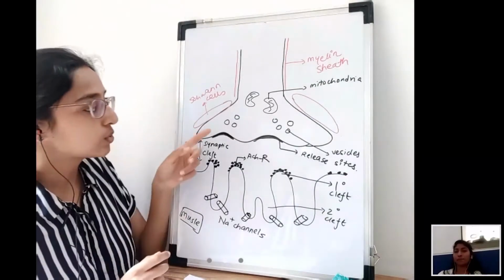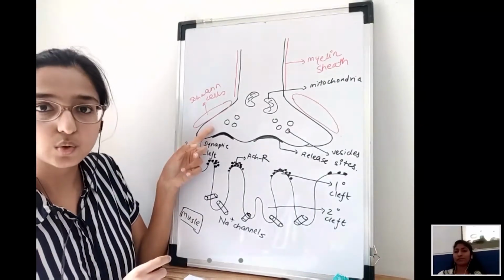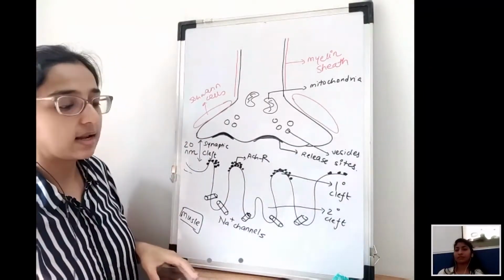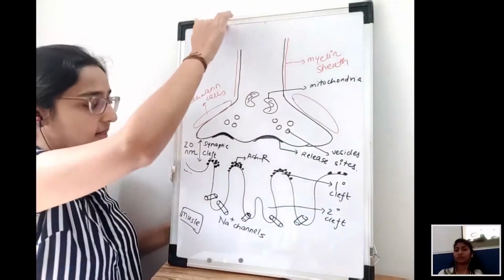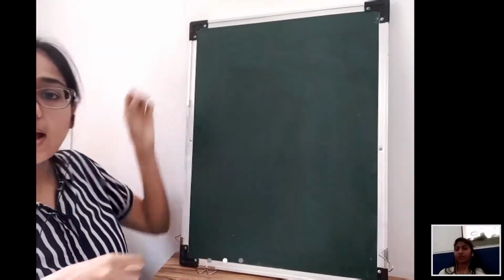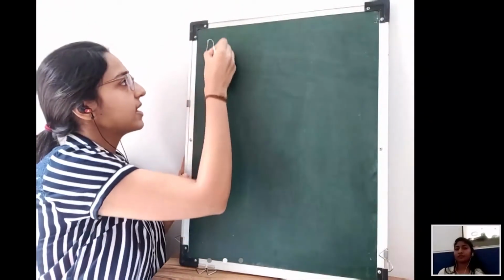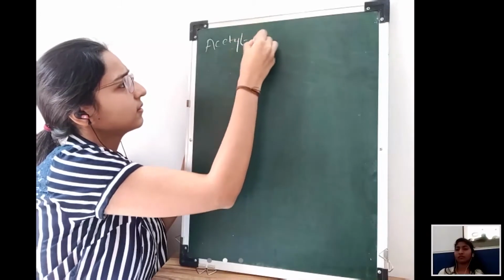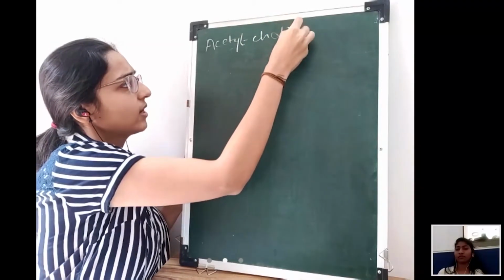Correct. So acetylcholine is produced over here. From the name acetylcholine, what do we understand? Let's see how it is produced. We're talking about acetylcholine.